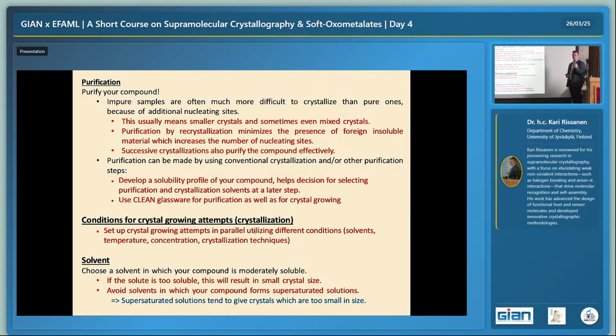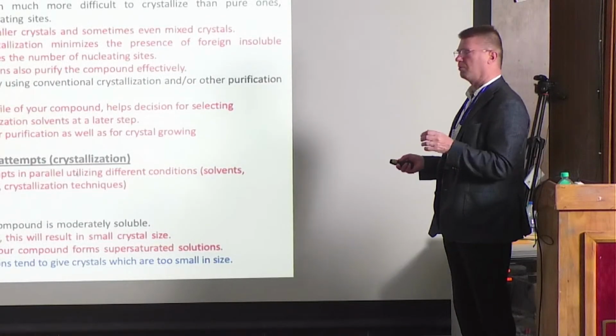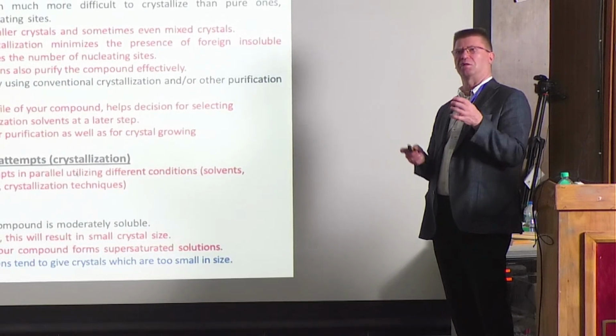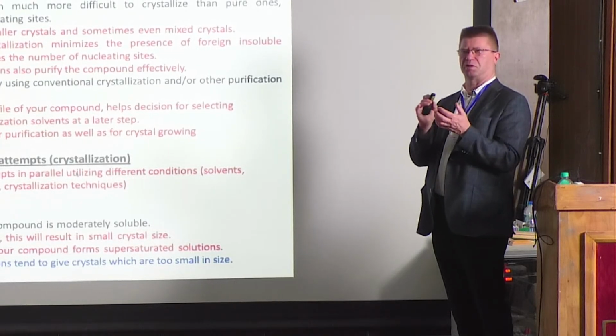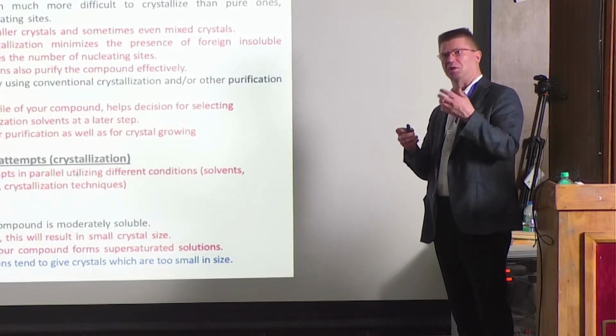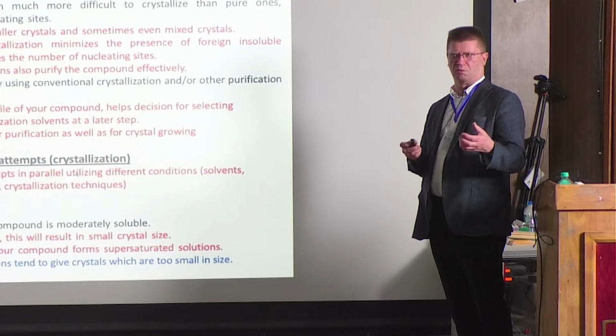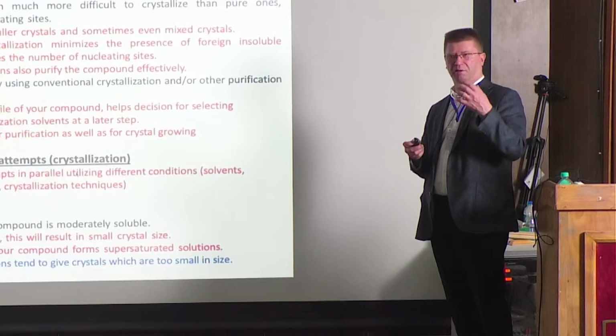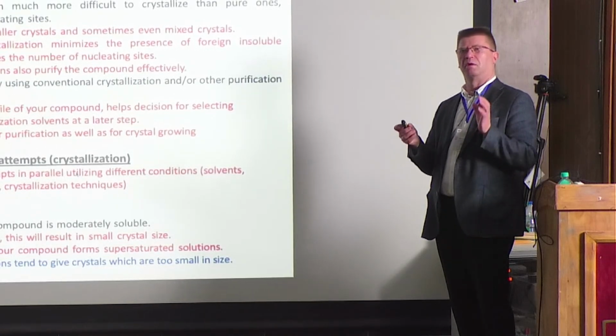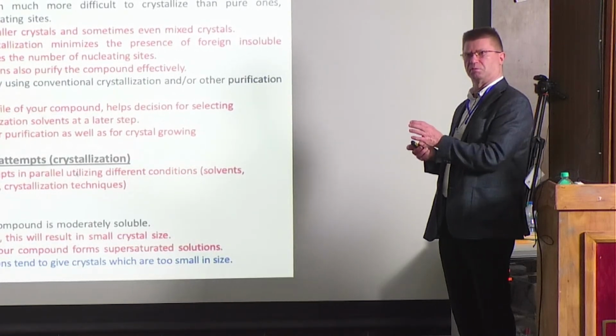Normally we'll try to think in advance, develop the solubility profile, and then say, okay, my molecule has this kind of functional groups, or this is a metal complex and we can't dissolve it in water, so maybe it's a different solvent. So thinking in advance what we have will make our life much easier.